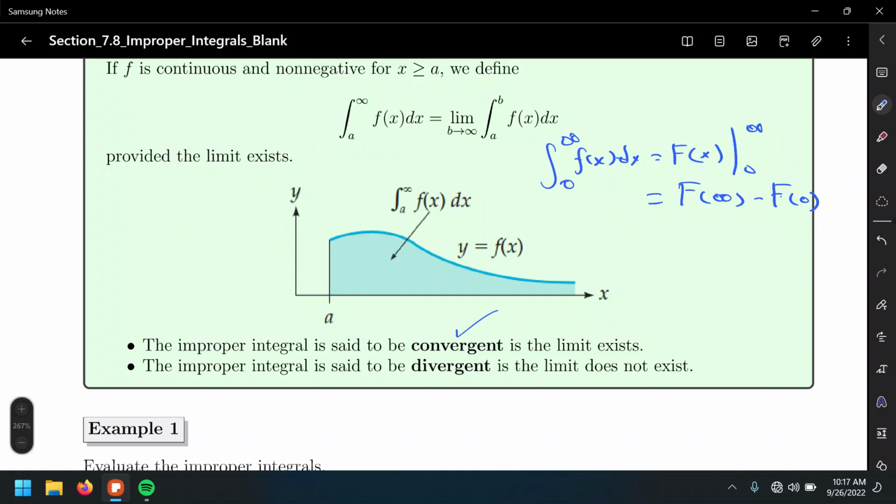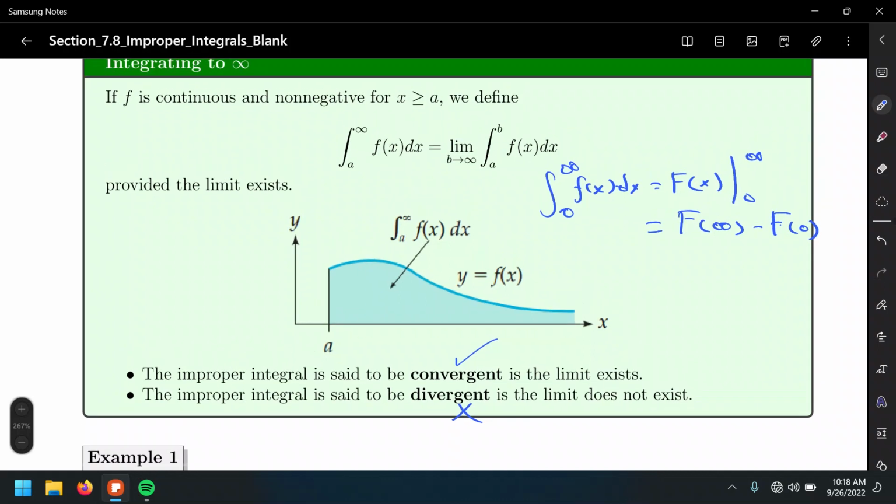But otherwise, if the integral leads to a limit that goes to infinity, or does not exist, then we say that the improper integral is divergent.